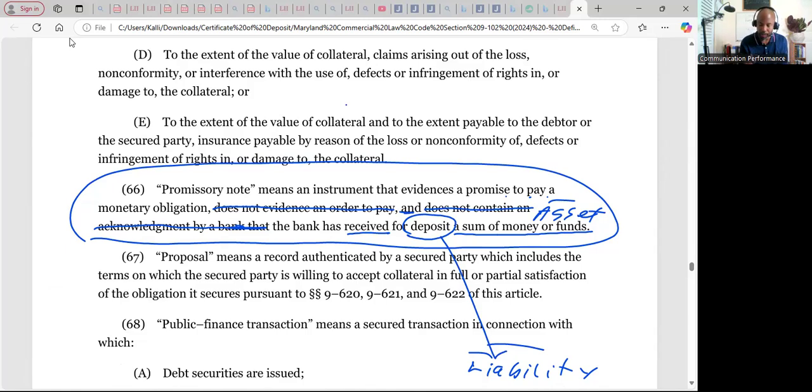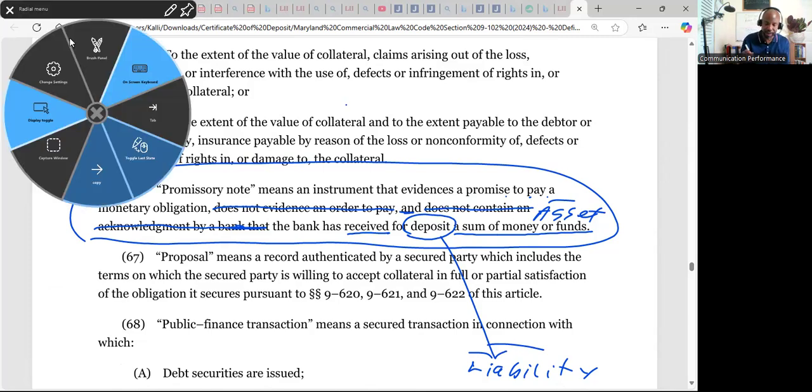So we understand that a promissory note means an instrument that evidences a promise to pay a monetary obligation that the bank has received a sum of money or funds for deposit. Well, actually, we can't even say that because the deposit is their liability.